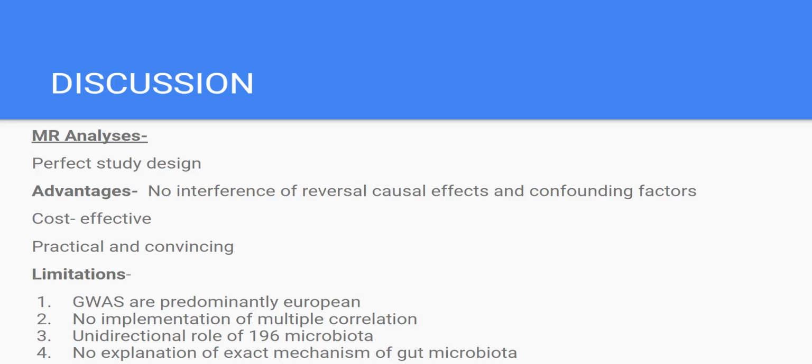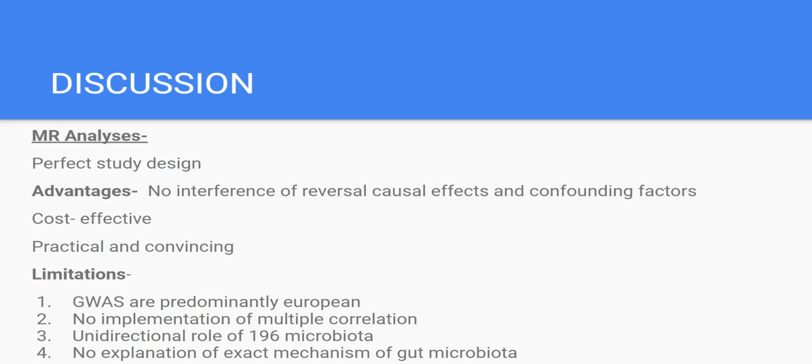The second one is they didn't focus on the multiple correlations, as periodontitis has so many risk factors and there could be so many reasons. And the third is it had a unidirectional role of 196 microbiota. Because they aimed to explain the risk of periodontitis only, and they didn't look at any other role played by these microbiota.